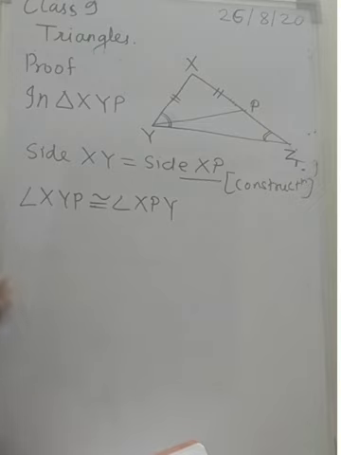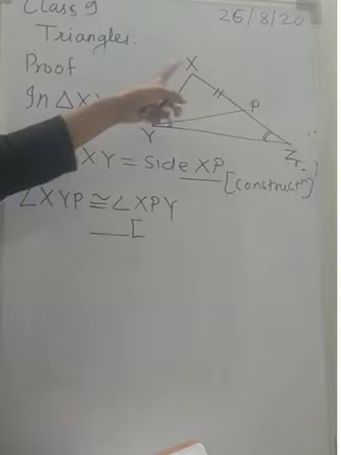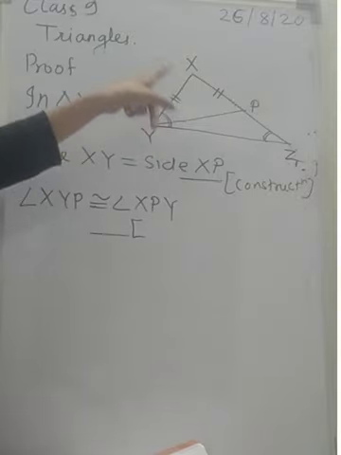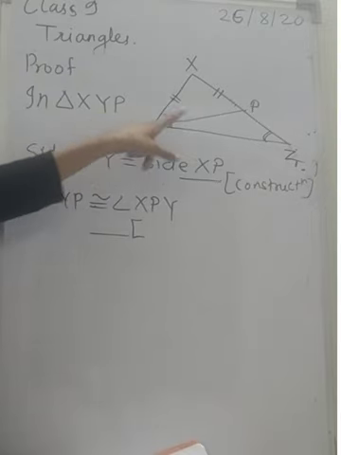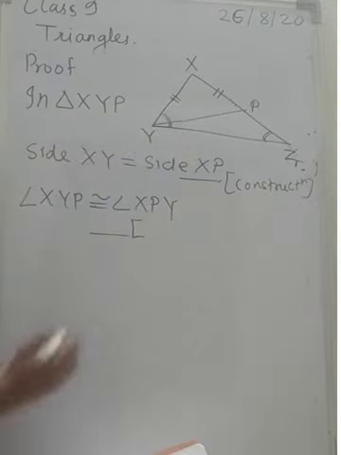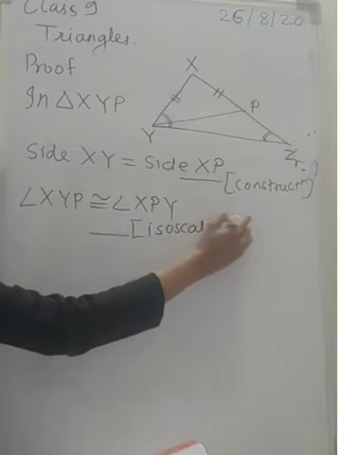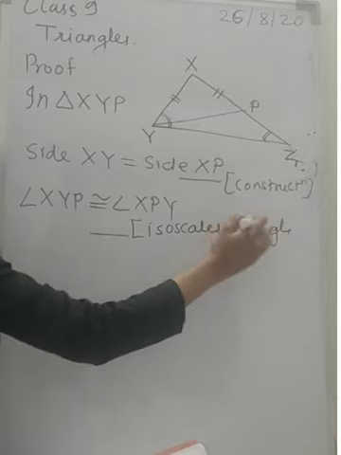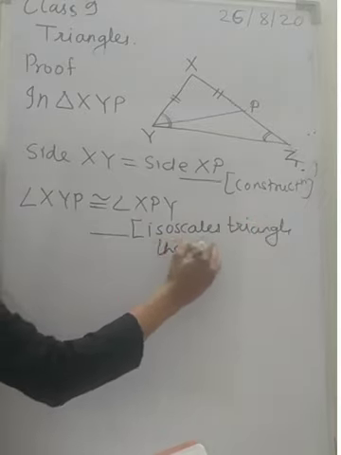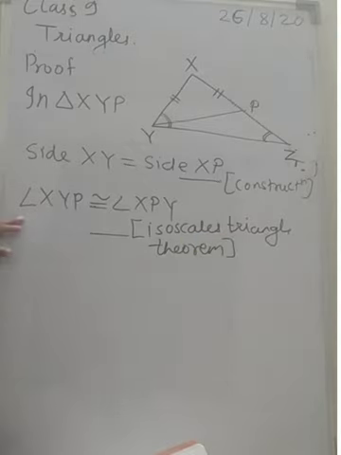Because we have learned in the isosceles triangle theorem that if the two sides are equal, that means if the triangle is isosceles, these two sides are congruent, therefore the angles opposite to them are also congruent. So this is the isosceles triangle theorem. Okay, I hope you have got it.